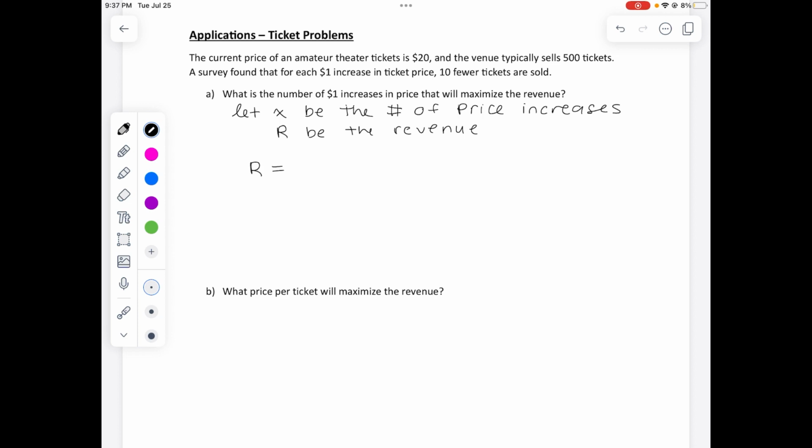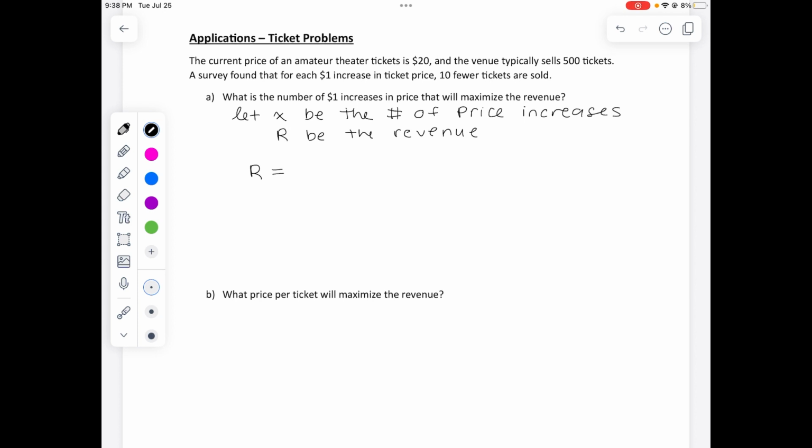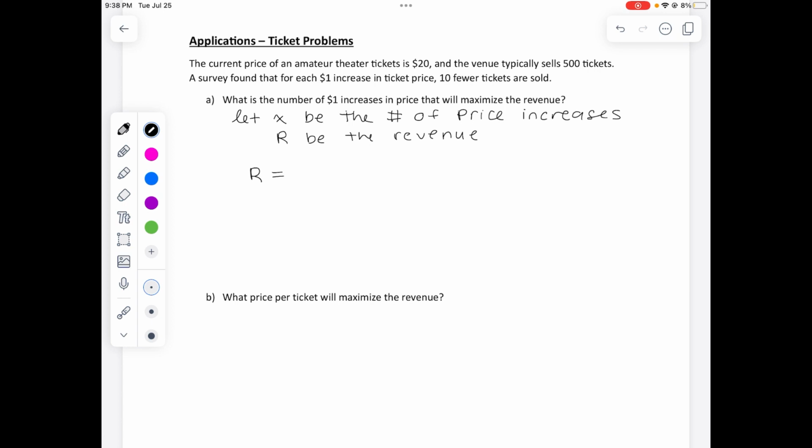Okay, so revenue equals, and then the way we set it up is we're always going to have two brackets, and one is going to relate to the price and one is going to relate to the number of items. So if we look at the question, it says that the current price is $20, and we're looking at a $1 increase each time.